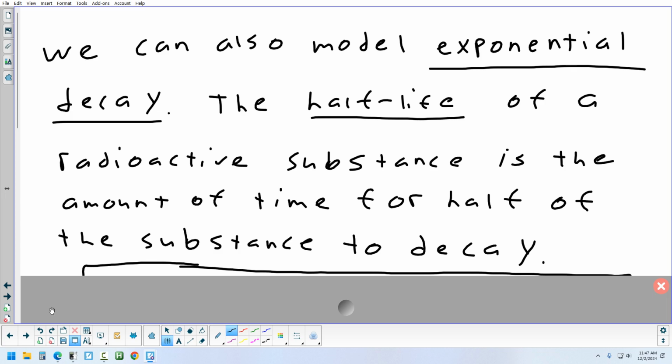So a lot of times where you might see something about half-life is if you talk about radioactive material. So let's say like at a nuclear power plant, there's byproducts of nuclear energy, and one of them is radioactive waste. And let's say that waste has a half-life of 1,000 years. So if you produce 100 pounds of waste today, 1,000 years from now, that 100 pounds will be down to 50.